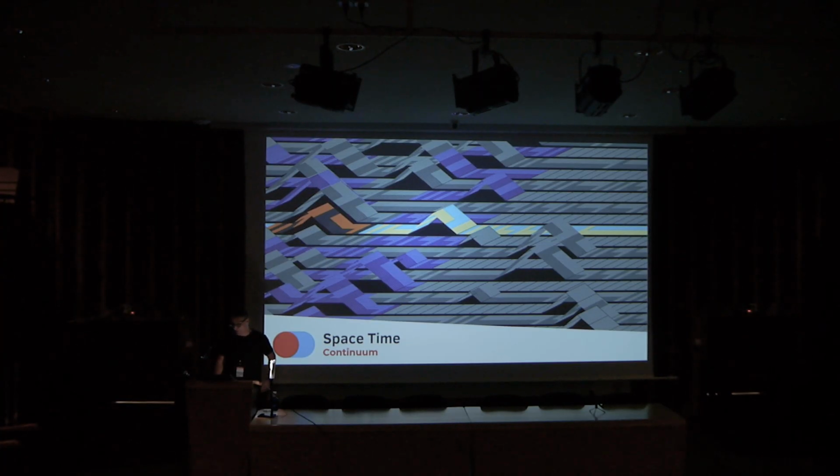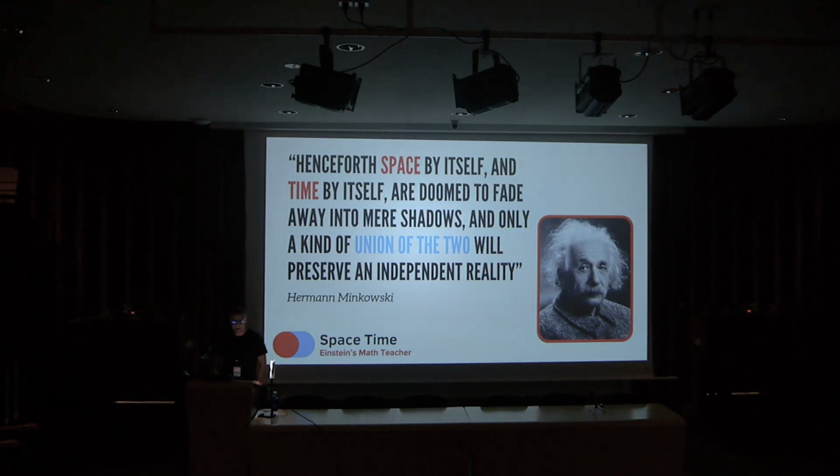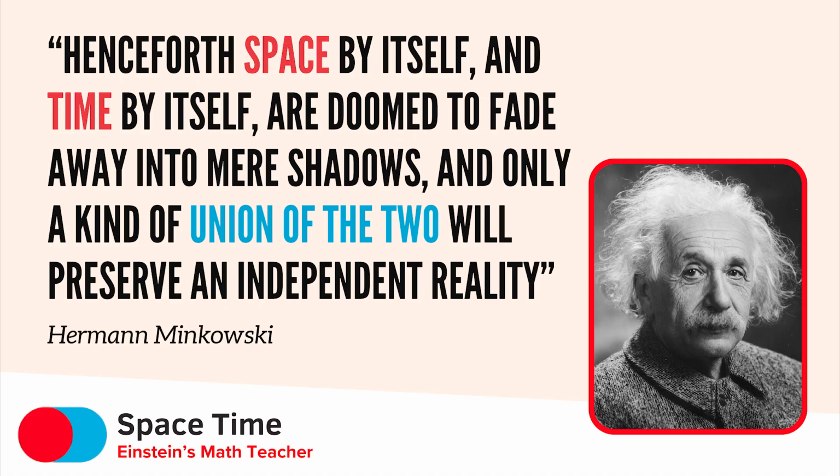So I researched the continuum and space-time, the philosophical and physics concept, and I arrived at this quote by the mathematician teacher of Einstein, where space and time are realities that are a union. They are not independent.